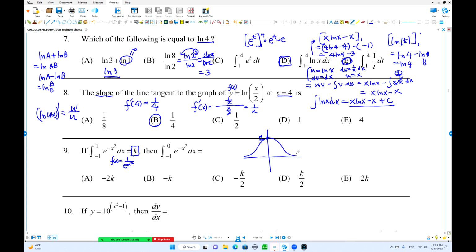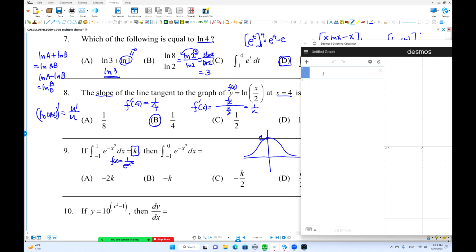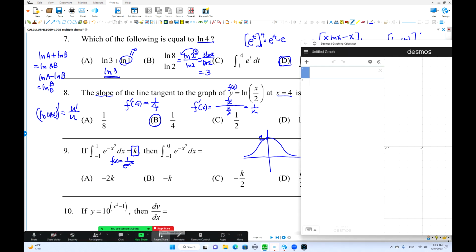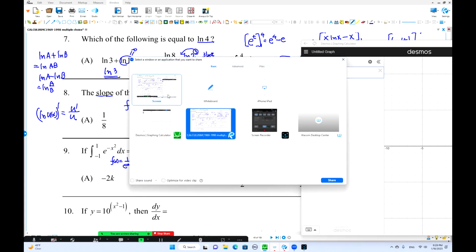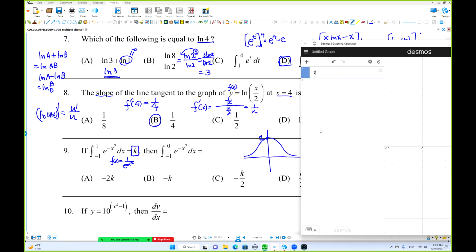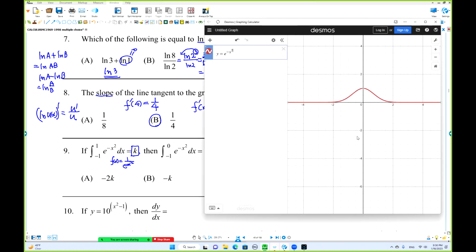Okay, so I'm going to show you the real graph over here, y equals e to the negative x squared.